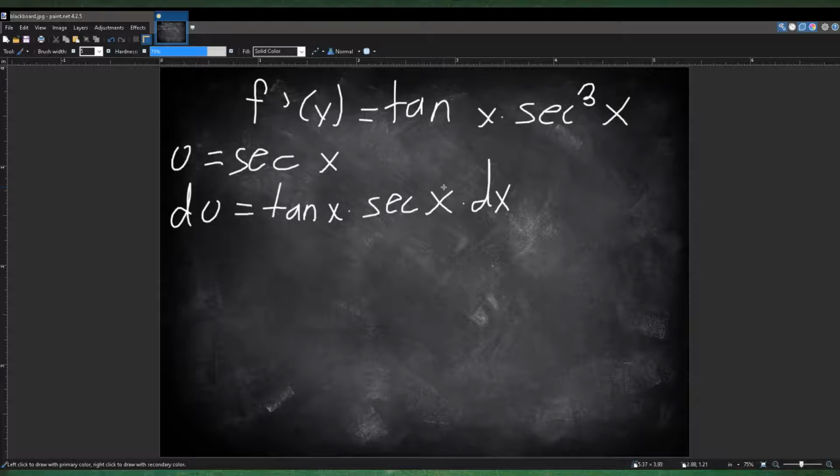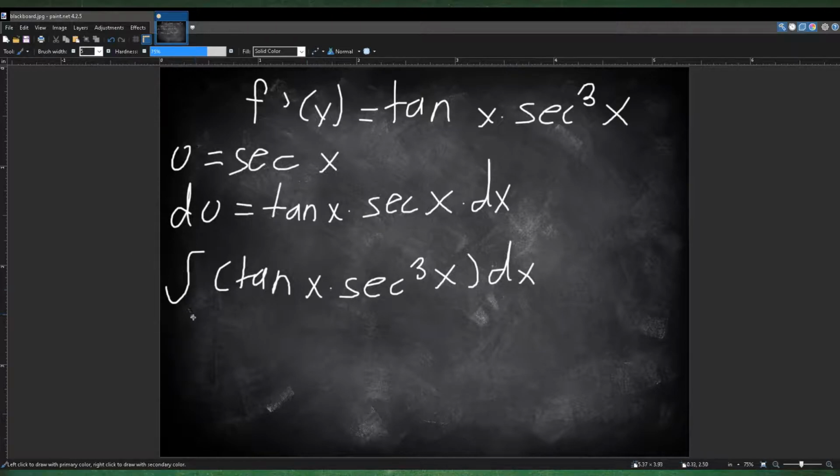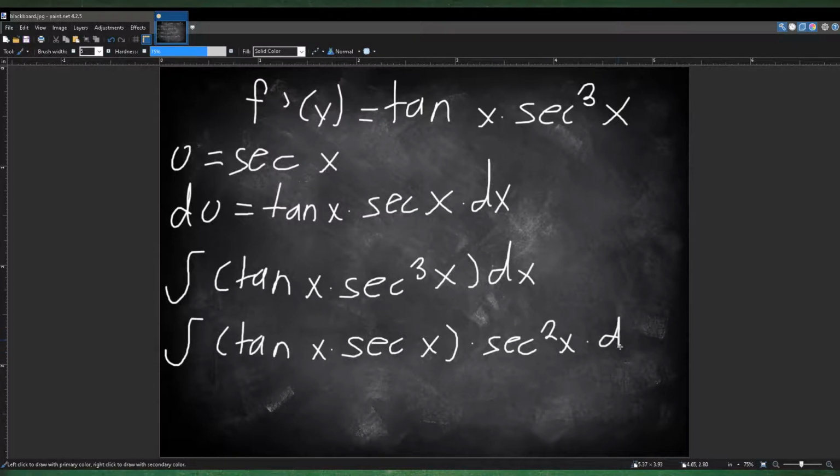So what we could do is that the integral of tangent of x times the secant cube of x times dx is equal to, let's separate this, tangent of x times secant of x times secant squared of x times dx. Actually, let's put this dx right here, and then we put secant squared of x.